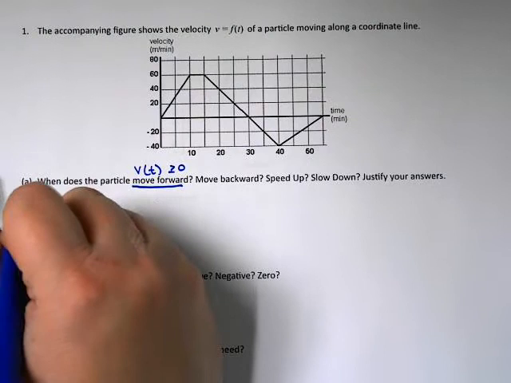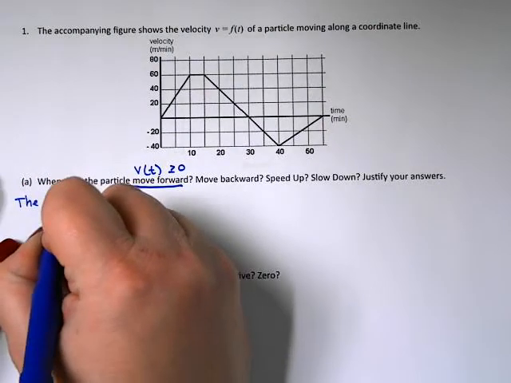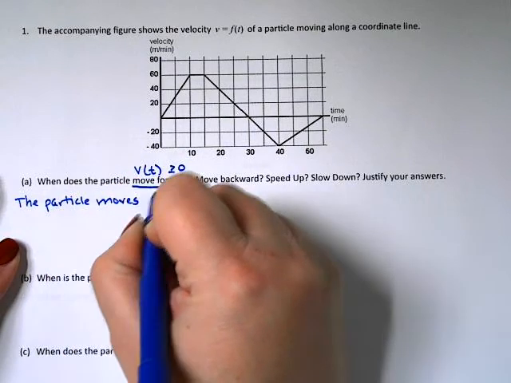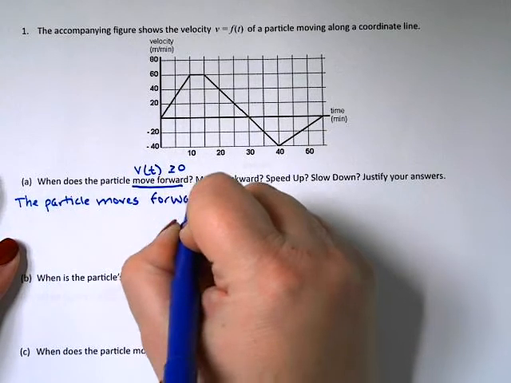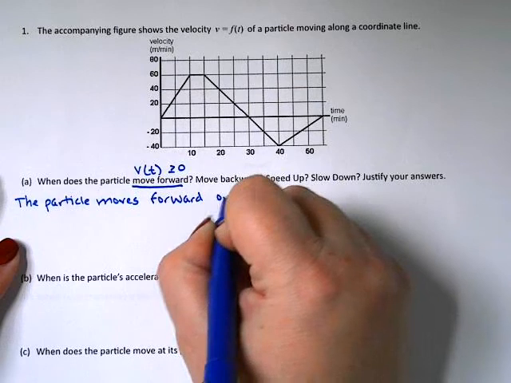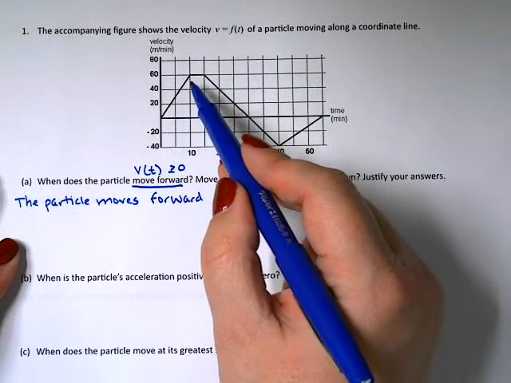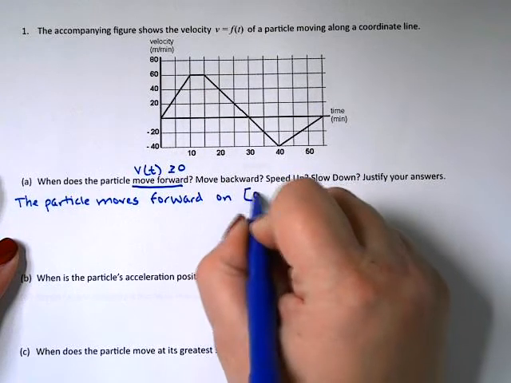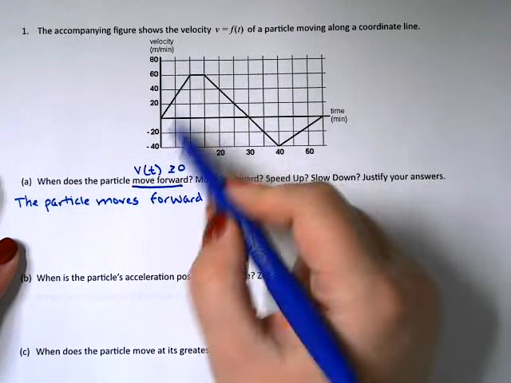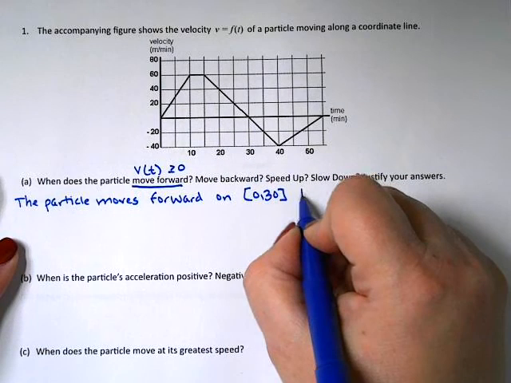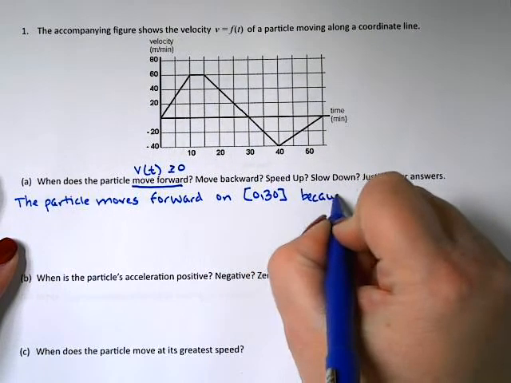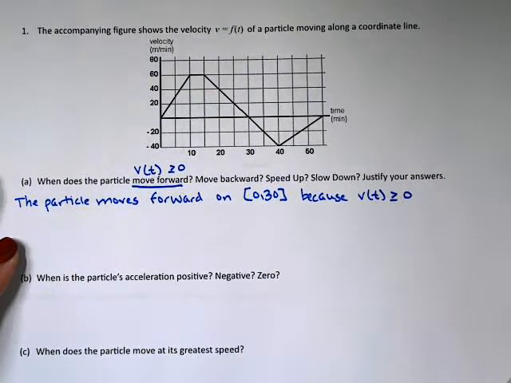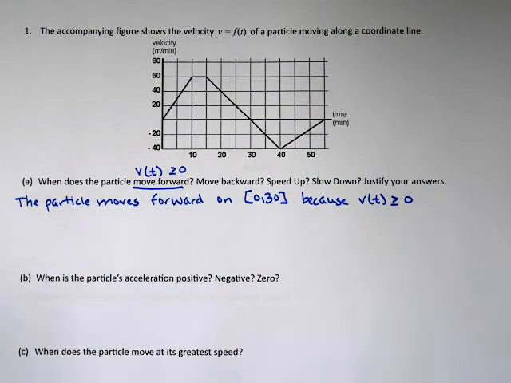So the particle moves forward on the interval from 0 to 30, because the velocity is greater than or equal to 0.